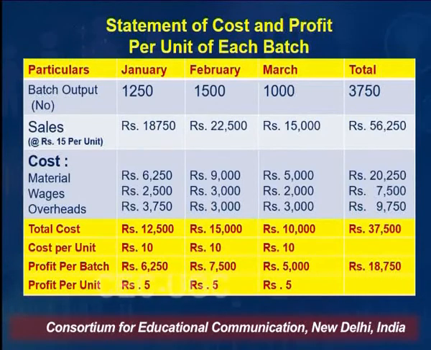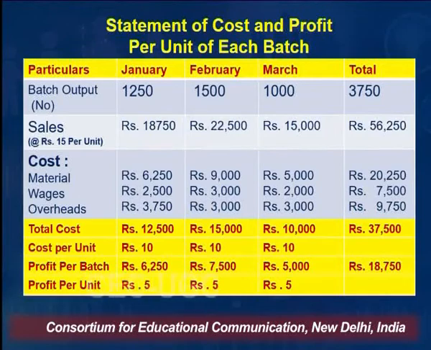Overhead came to be 3750, 3000, 3000, and if you make a total of it, 9750. Now what I'll do is material, labor and overhead, all three are aggregated to arrive at total cost, which comes to be 12,500 for January, and for February it is 15,000, for March it is 10,000.